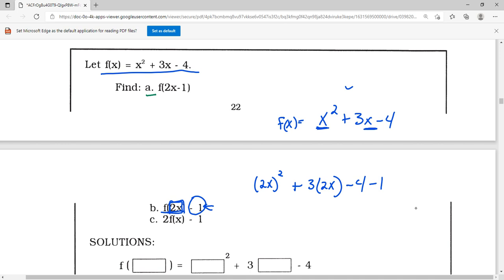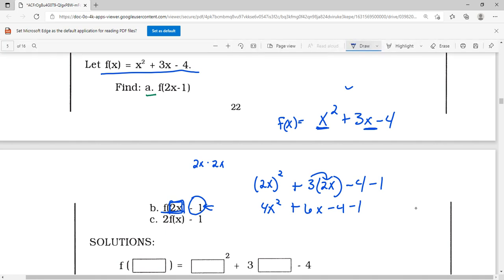All right, so 2x squared would be 2x times 2x, which would be 2 times 2 is 4x squared, plus 3 times 2 would be 6x minus 4 minus 1. We could just put those together, and that would be minus 5.